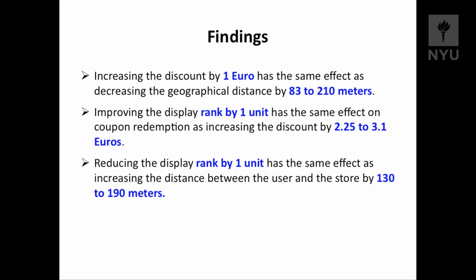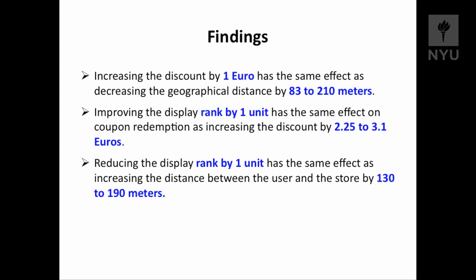So the idea is, how much of a discount should I give to incentivize a person to come to my store, right? And so depending on whether it's a bar or a fitness store or a restaurant, for example, we see that the distance varies between 83 and 210 meters as the equivalent of giving a discount of €1, right? So if you're a retailer, you can start looking at these numbers.